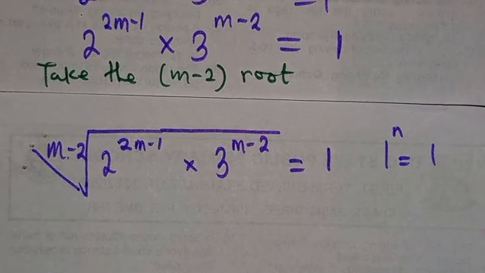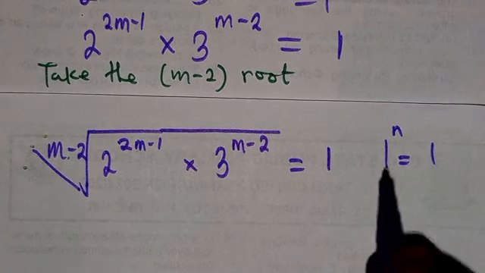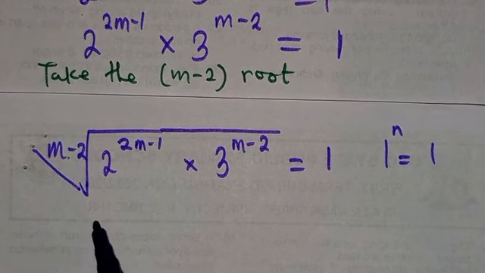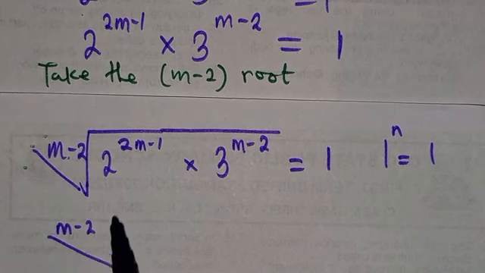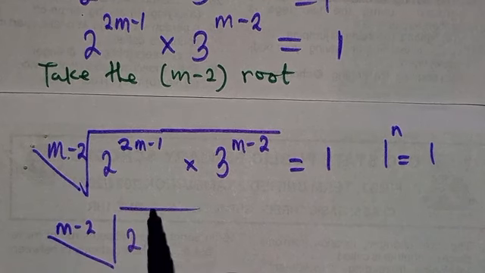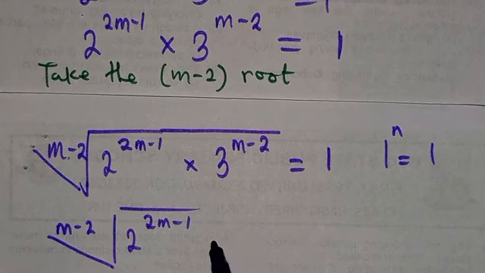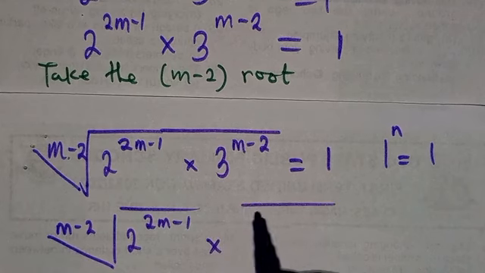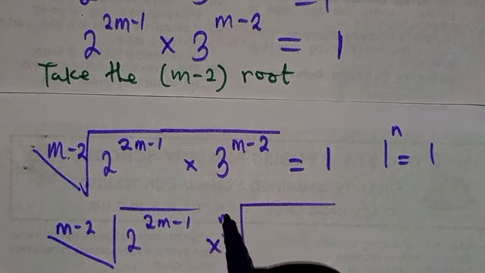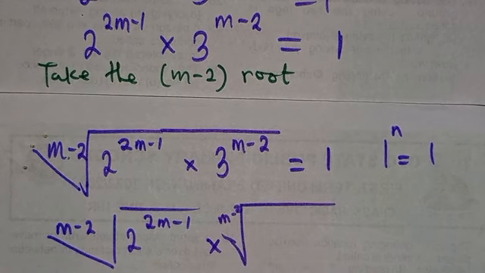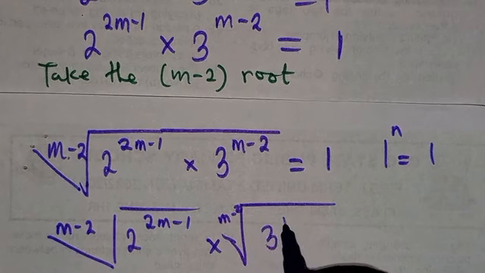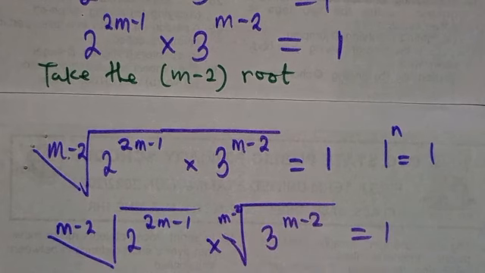So we can split this as the m minus 2 root of 2 to the power 2m minus 1, multiplied by the m minus 2 root of 3 to the power m minus 2, then equals 1.